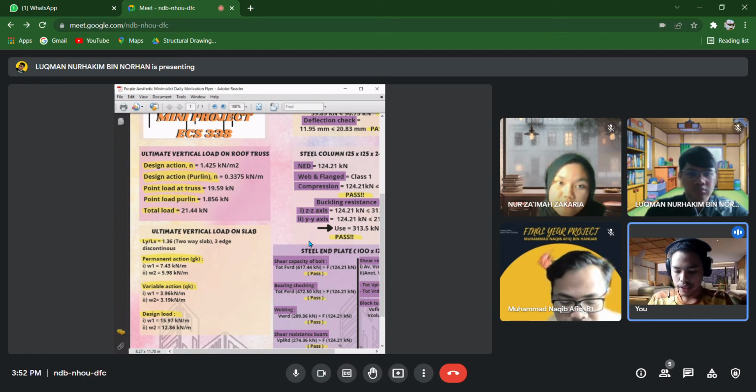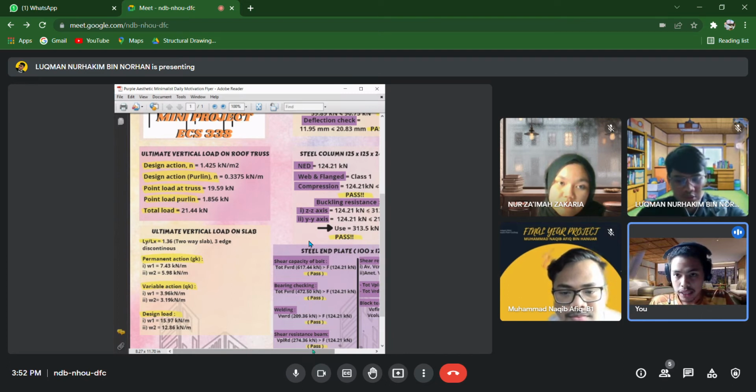First, we determine the ultimate vertical load for the roof truss and the RC, reinforced concrete, for the slab. The design action that I get for the roof truss is 1.425 kN per meter square. For the purlin, it would be 0.3375 kN per meter.